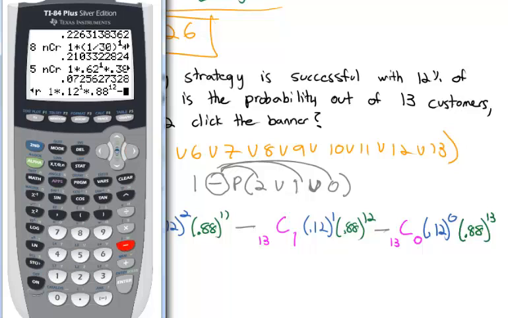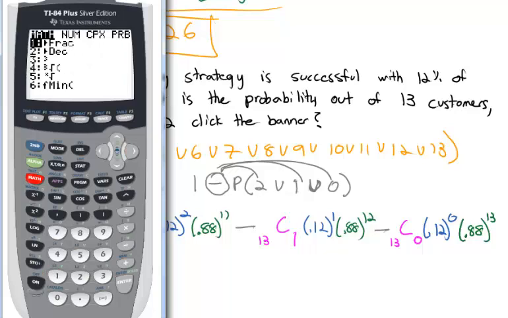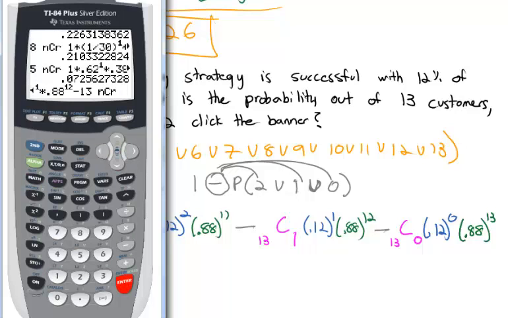Minus the third probability, which is 13, choose 0 times 0.12 to the 0 times 0.88. Whoops, did not get out of the exponent. Make sure you get out of the exponent. Delete all this off. There we go.